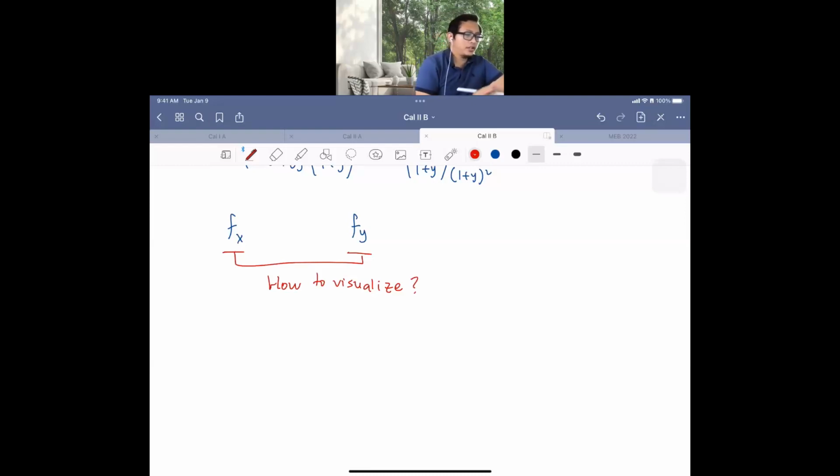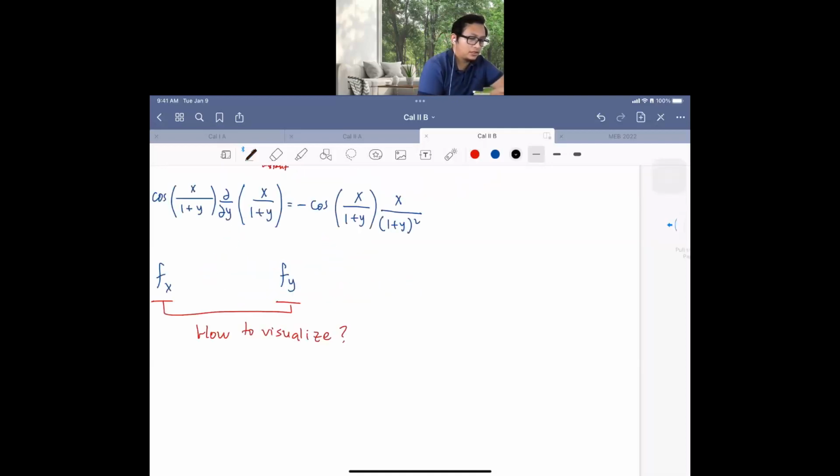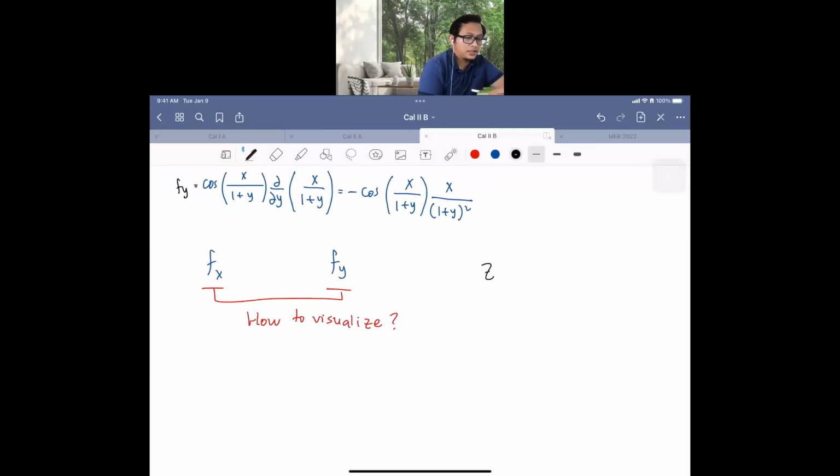Okay, now remember that if we have z, or our function we can write as z, it means that this represents a surface.